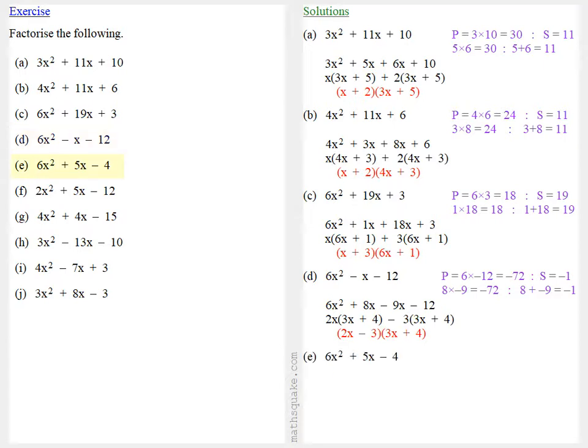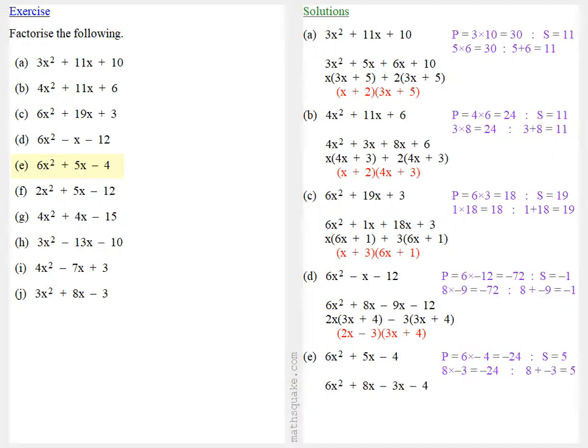In question E, we have 6x squared plus 5x minus 4. So the product is 6 times minus 4, or minus 24, and the sum S is equal to plus 5. We want two numbers that multiply to make minus 24 and add to make 5. Well, they're 8 and minus 3. 8 times minus 3 is minus 24. 8 plus minus 3 is 5.